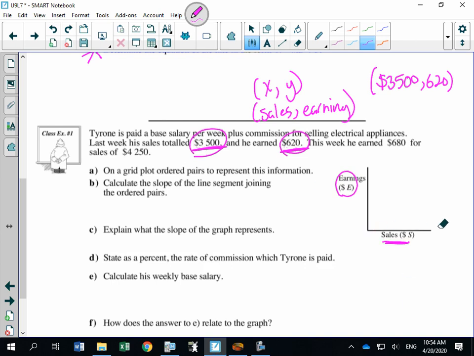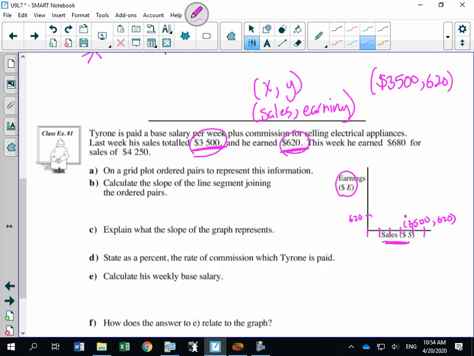So sales, 3,500. So let's just say this is $0 in sales, 1,000, 2,000, 3,000, 4,000, 5,000. So 3,500. Let's just pretend that this coordinate represents 3,500 in sales and $620 made.